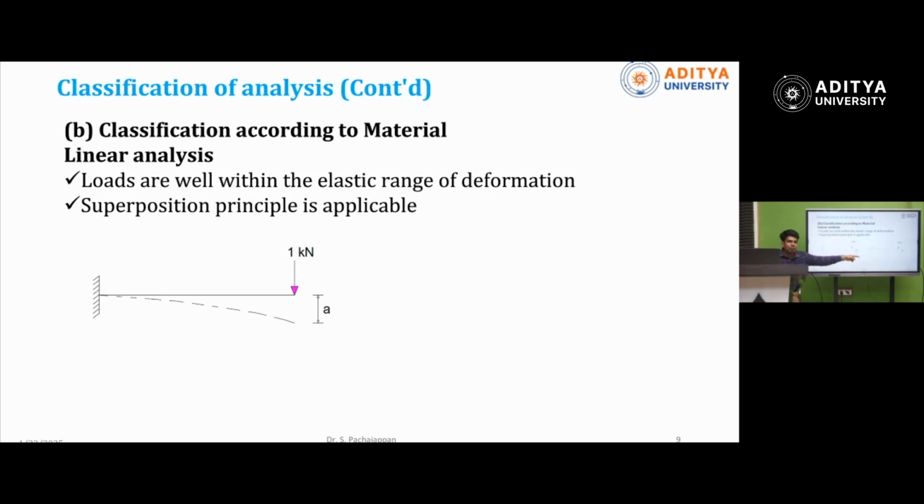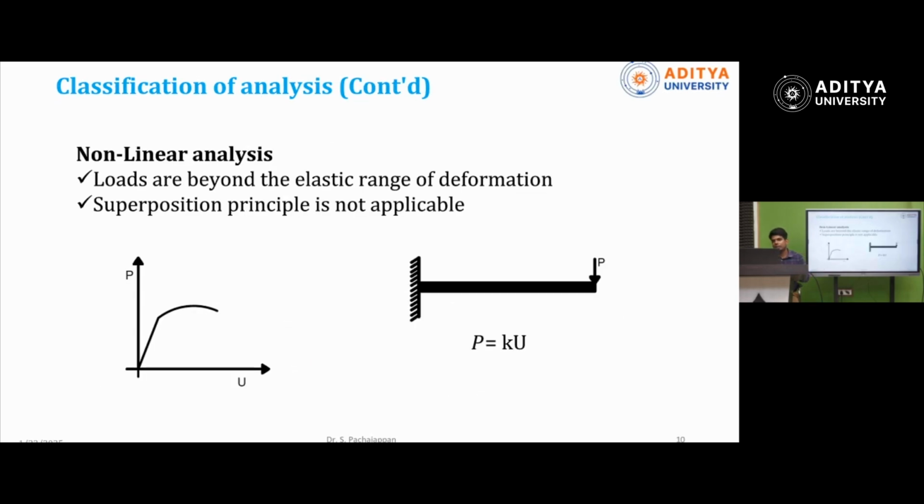So the produced deflection, let's say B. Now the same beam I'm taking here, but the load which I'm applying here is 3 kilonewton. Now the superposition principle says that the deflection C is equal to the sum of deflection A and B. So this is the representation that the system behaves elastically.